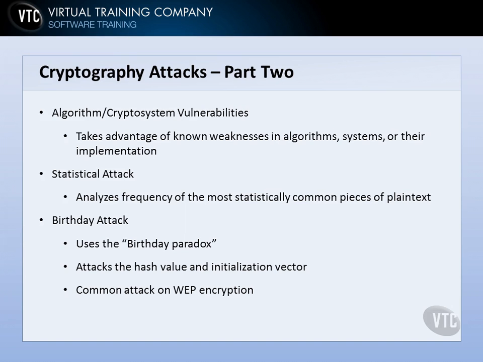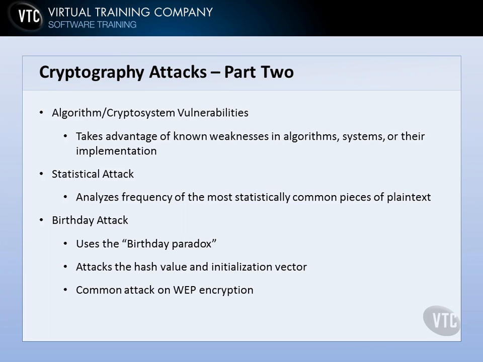Another attack that we'll talk about is the statistical attack. Now, if you've ever done these little cryptograms in the backs of magazines, then you probably already know what a statistical attack is. It basically analyzes the frequency of the most statistically common pieces of plain text. Let's say you're doing one of these cryptograms and you know that E is the most common letter used in the American alphabet, for example.